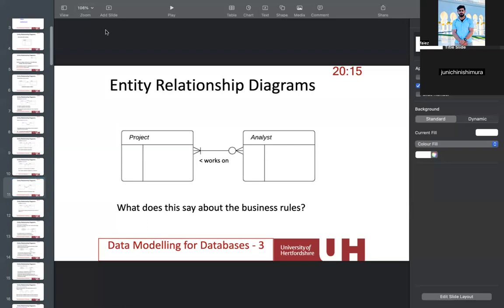Nice, better. Now let me tell you what it is. On this slide, you have the project, which represents the different projects in a company or organization.